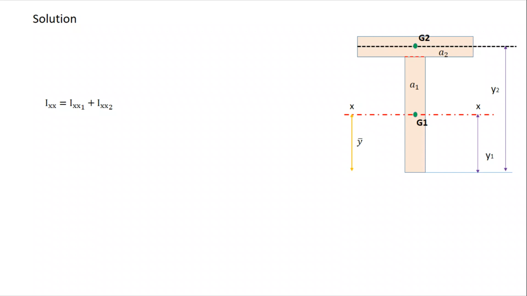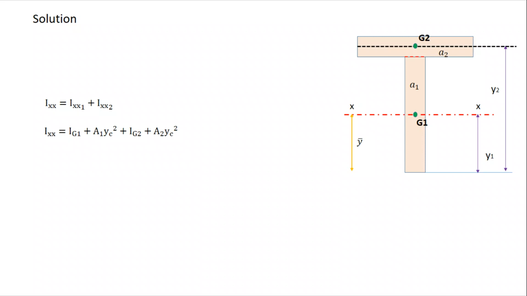We add the moment of inertia of the first area A1 and A2 about the centroidal x axis, so Ixx1 plus Ixx2. Here A1 and A2 are standard shapes, both rectangles, so we apply the parallel axis theorem.